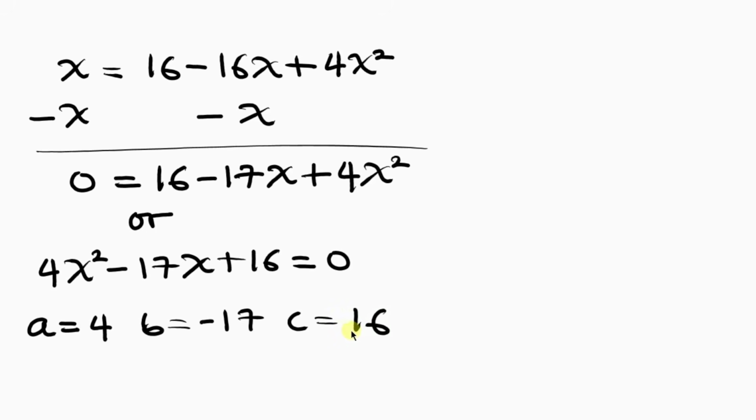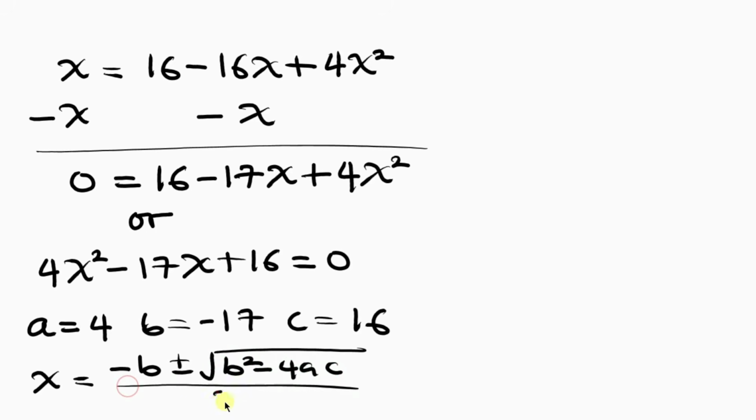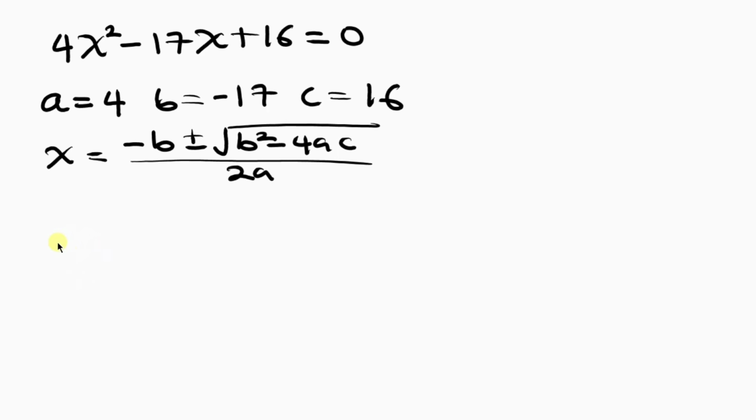Now using the formula method, what is the formula we're to use? We're using x to be equal to negative b plus or minus the square root of b squared minus 4ac all over 2a. Now let's substitute this inside the formula. So this becomes x equal to negative b. What is b? b is negative 17.